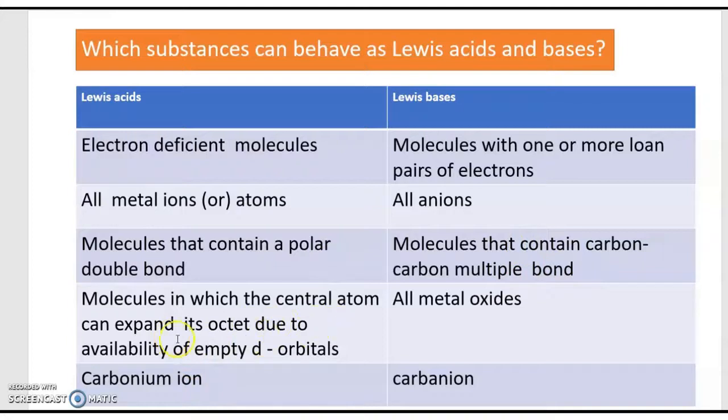Molecules in which the central atom can expand its octet due to the availability of empty d orbitals behave as Lewis acids; we will see examples. Metal oxides behave as bases. Carbonium ions, where the positive charge is carried by a carbon atom, act as Lewis acids. And carbanions, where the carbon carries a negative charge, behave as Lewis bases.